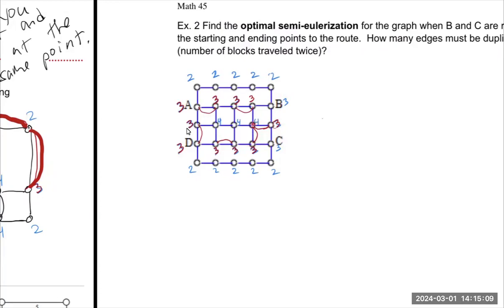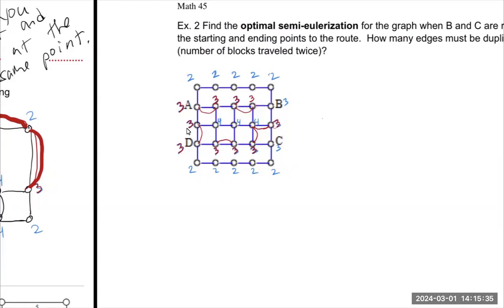This one is 1, 2, 3, 4, 5, 6. So now it's still even. 1, 2, 3, 4, it's still even. Now it's even, 1, 2, 3, 4, and the rest are all 1, 2, 3, 4, even.